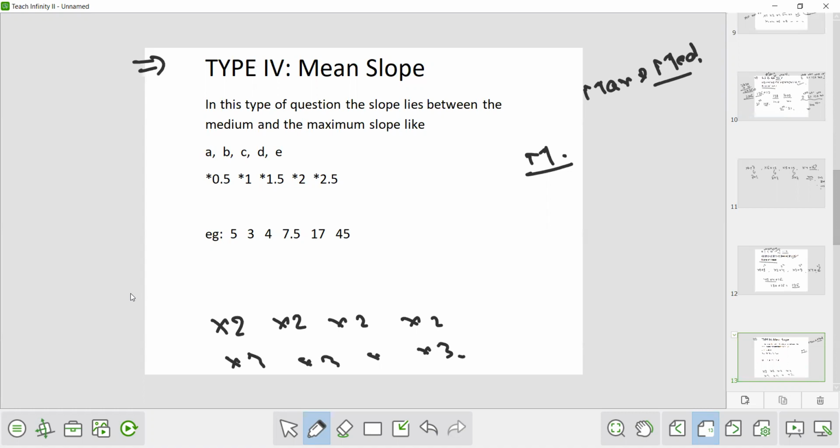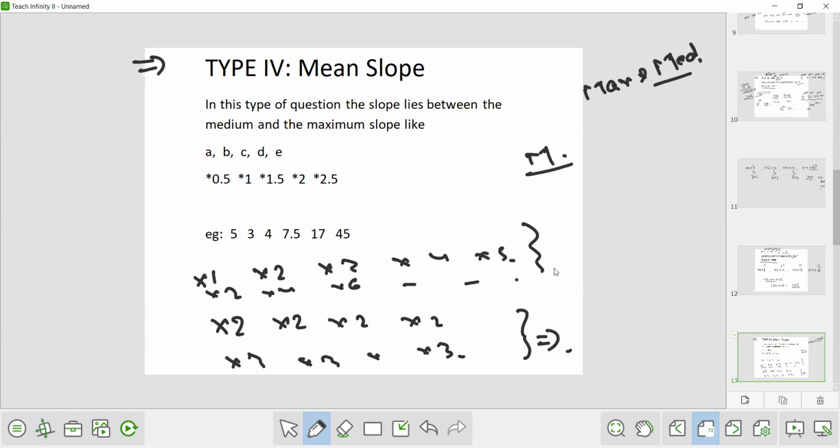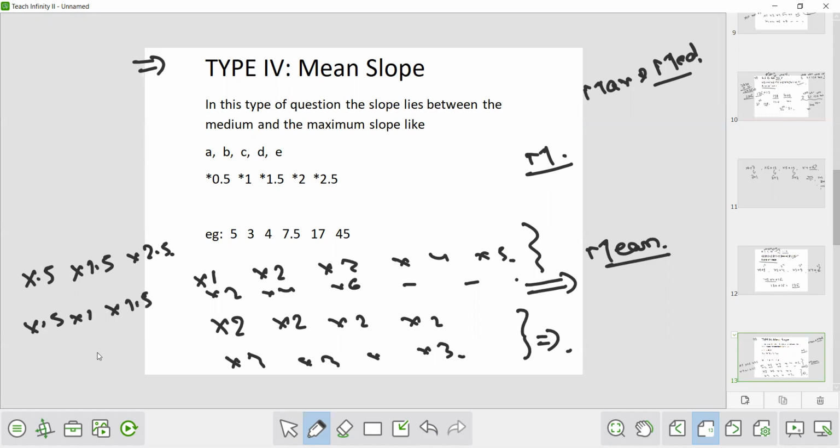And in the maximum slope, we have witnessed that every successive number was 1 times, 2 times, 3 times, 4 times, 5 times like this, or 2 times, 4 times, 6 times like this. It was increasing disproportionately and in a constant way. So in between, there comes a type that is known as mean slope. There, the number gets increased like 0.5, 1.5, 2.5, or 0.5, 1 times, 1.5 times, 2 times, 2.5 times, like this.